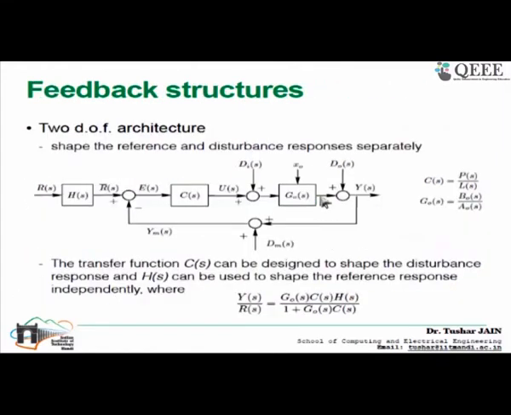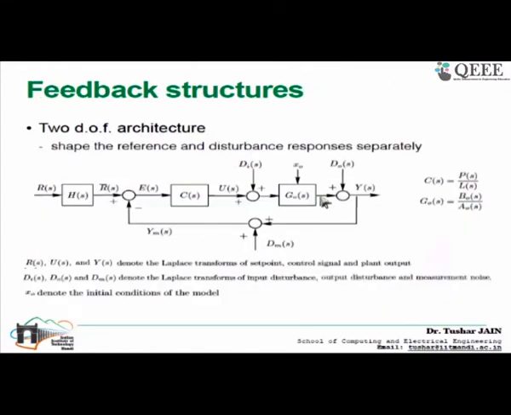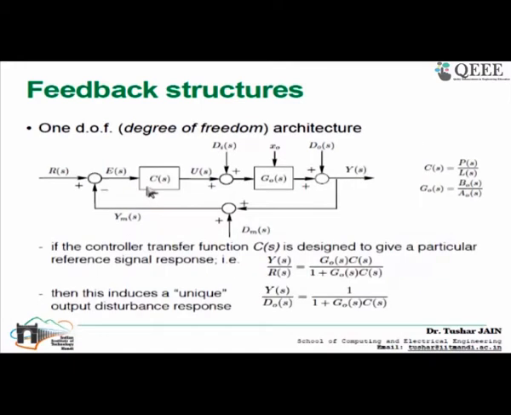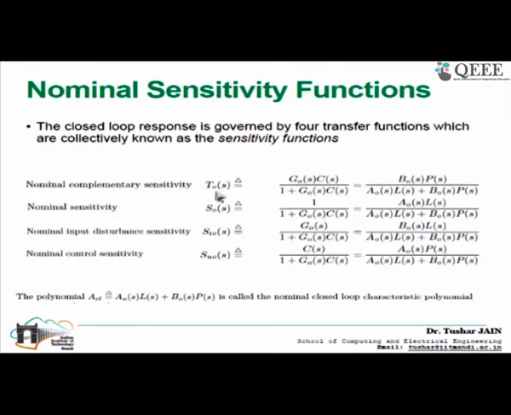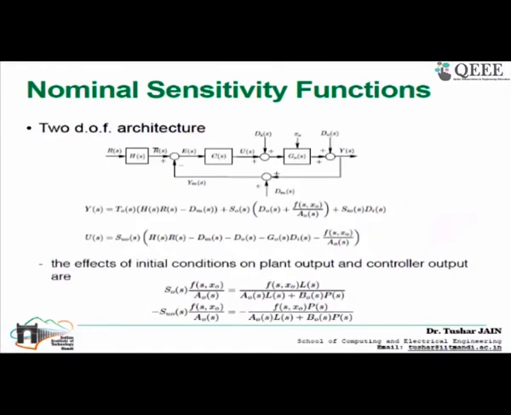If you recall, the error is on this side, and all these four transfer functions are written with respect to the 1 degree of freedom architecture. So the ratio of E of S and R of S gives you the nominal sensitivity function, and you would also see that if you sum them up, T naught plus S naught gives you 1. There are some properties, but these are the four sensitivity functions which you require to do your stability analysis, and we'll see how in the 2 degree of freedom architectures.